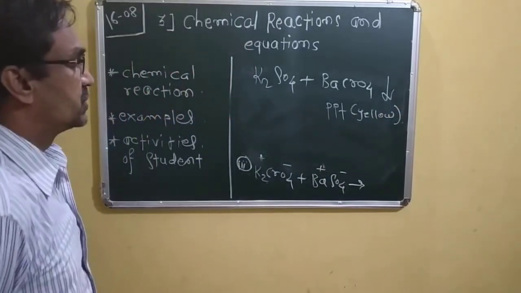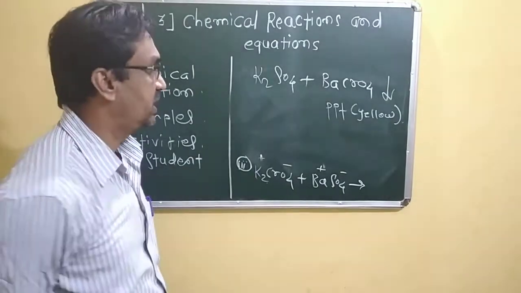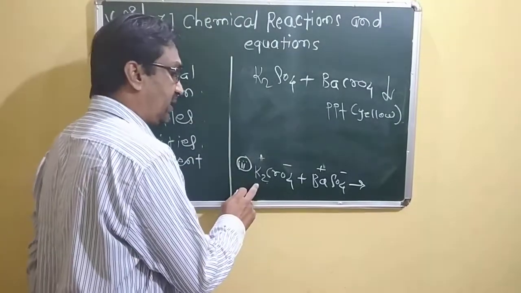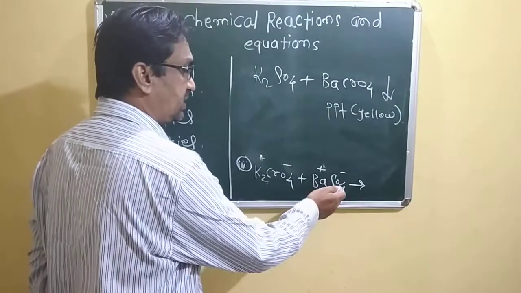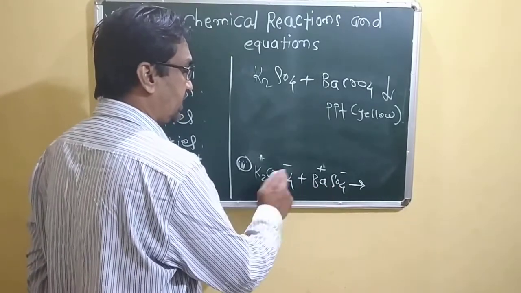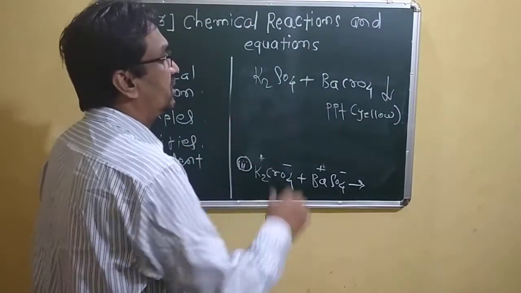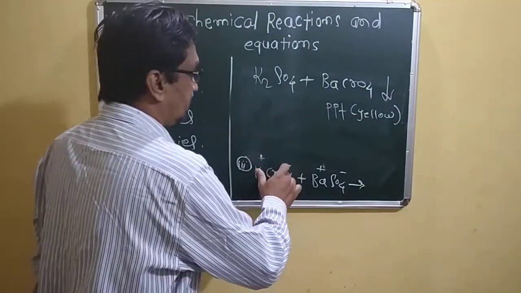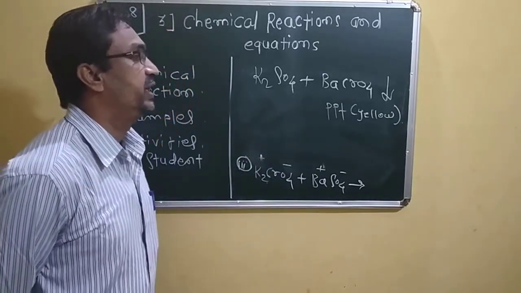Okay. So in this way, this is a double displacement reaction. That is, this acidic and basic particle reacts with each other, and they have formed potassium sulfate and barium chromate.